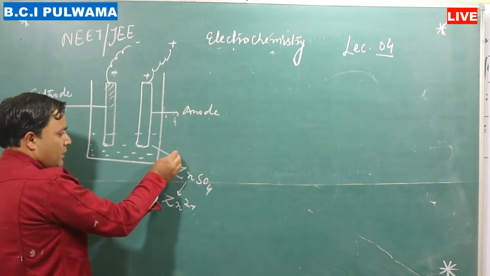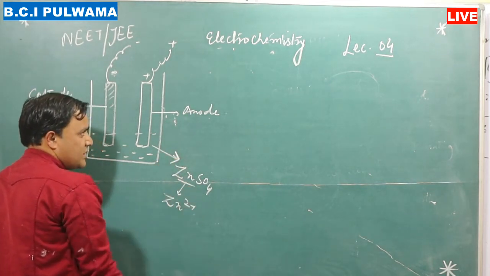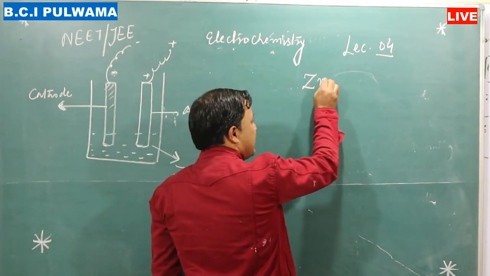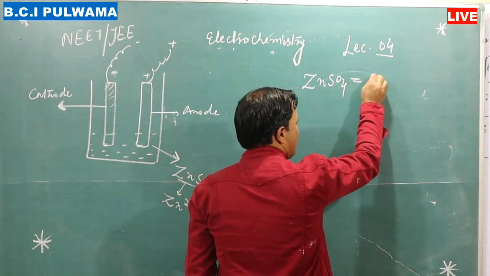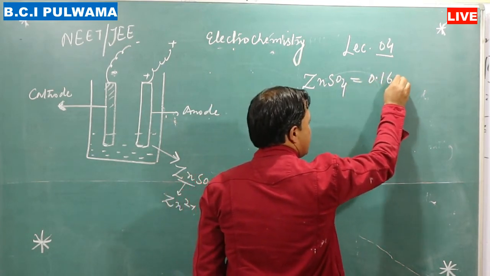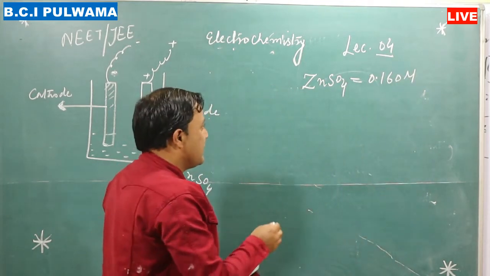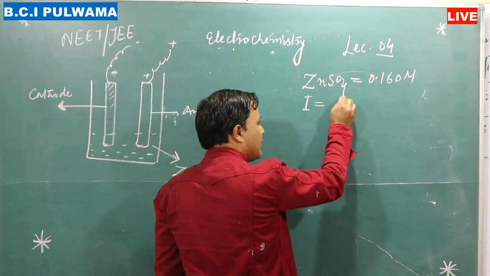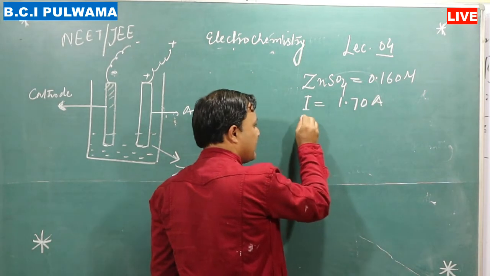So that problem was: the concentration of ZnSO4, zinc sulfate, was equal to 0.160 molar. Number 2, the value of current was equal to 1.70 amperes.